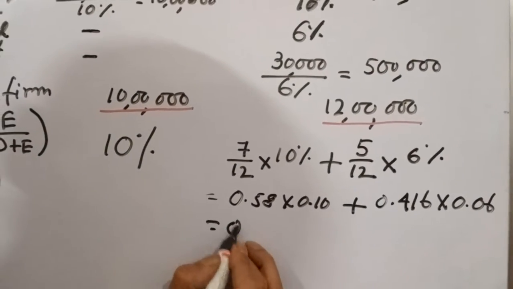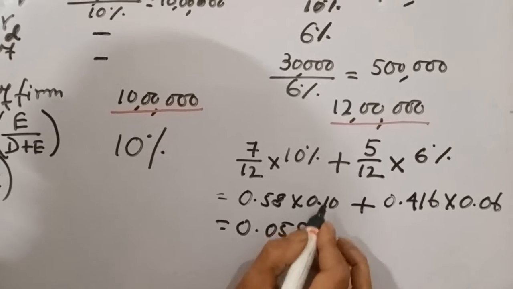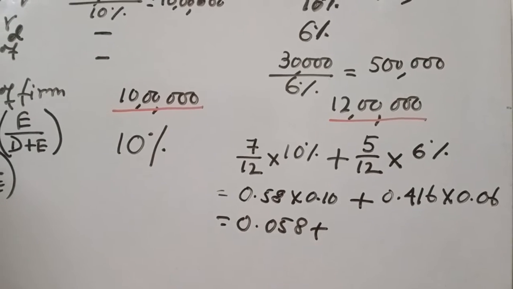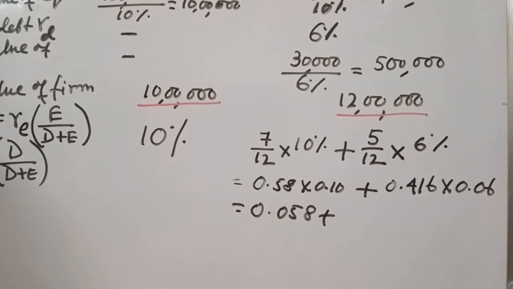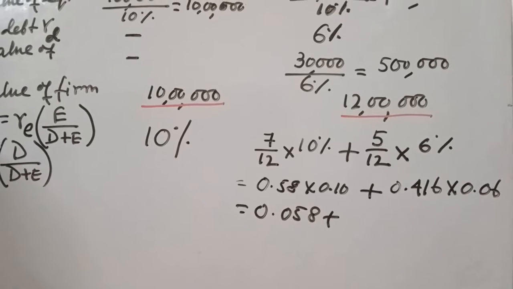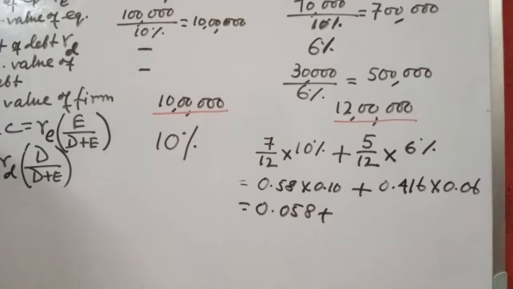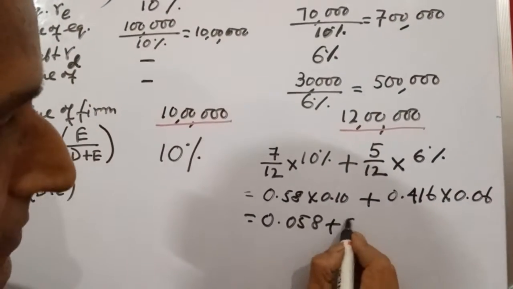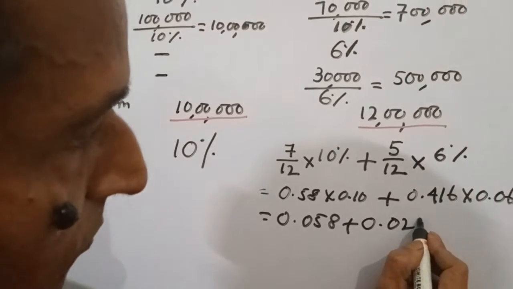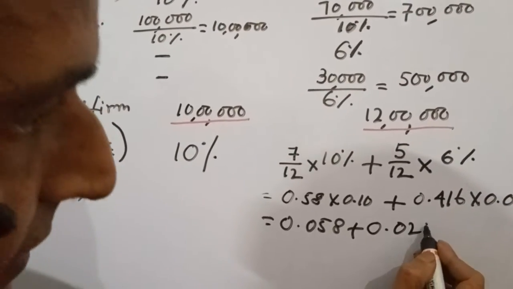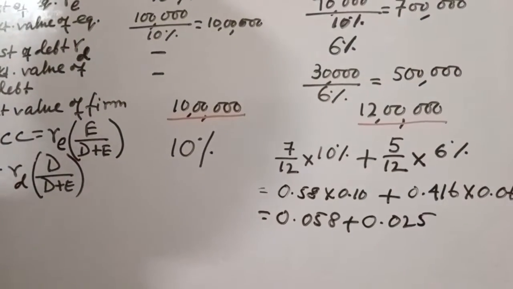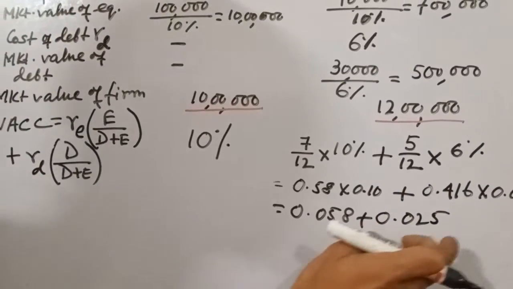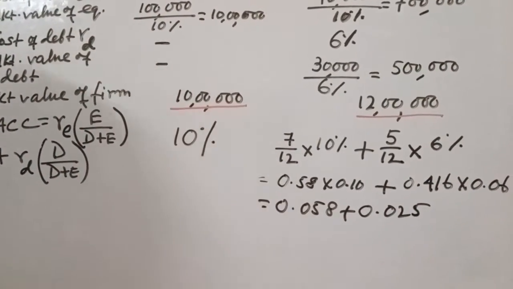So this is 0.058 plus 0.416 into 0.06. That comes to 0.02496. So we have taken 0.025. Correct?